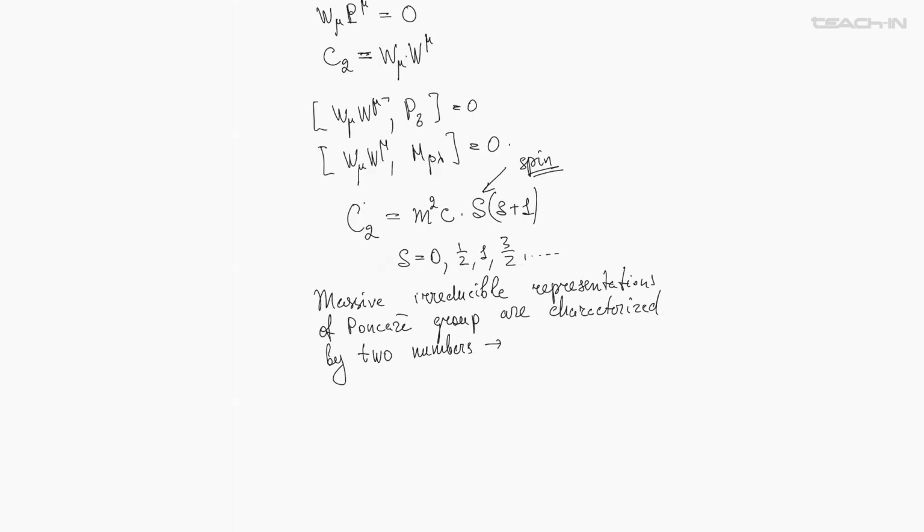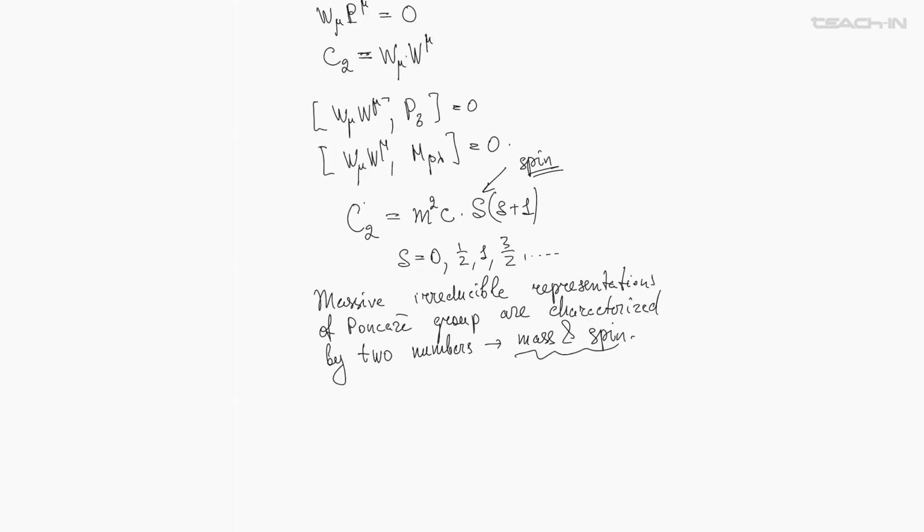And this is, of course, in accord with the characterization of elementary particles. Every elementary particle has a mass and spin, or it's massless. But massless is a separate case. It's another series of representations of the Poincaré group.